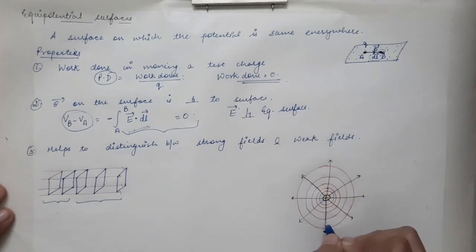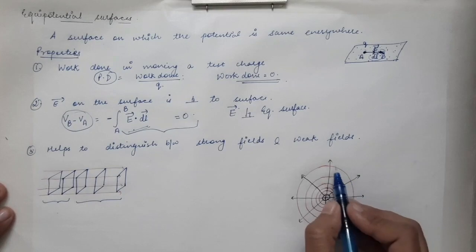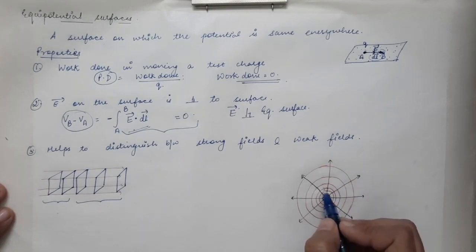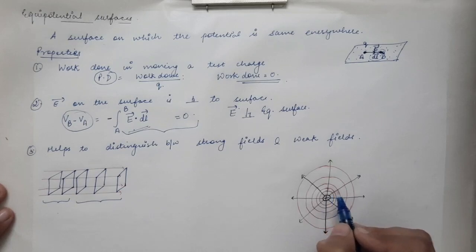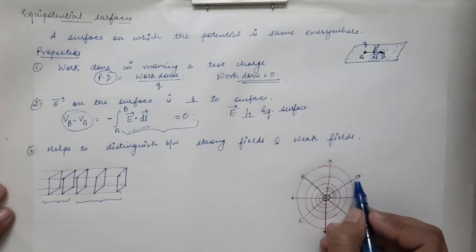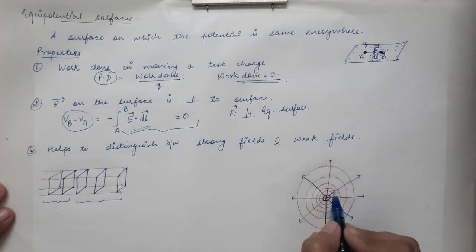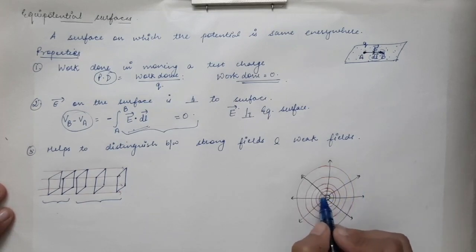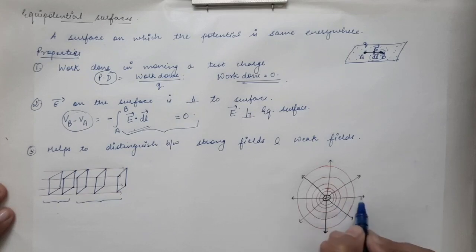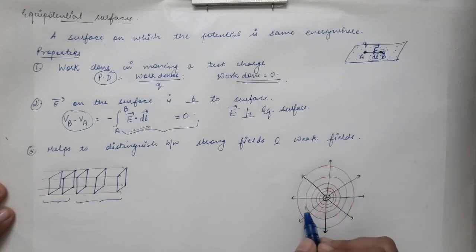This is how we draw the electric field lines for a point charge. The density of the electric field lines, as we did in the properties of electric field lines, helps us in distinguishing between the weak and the strong electric field. Over here you can see close to the charge the density of the electric field lines.